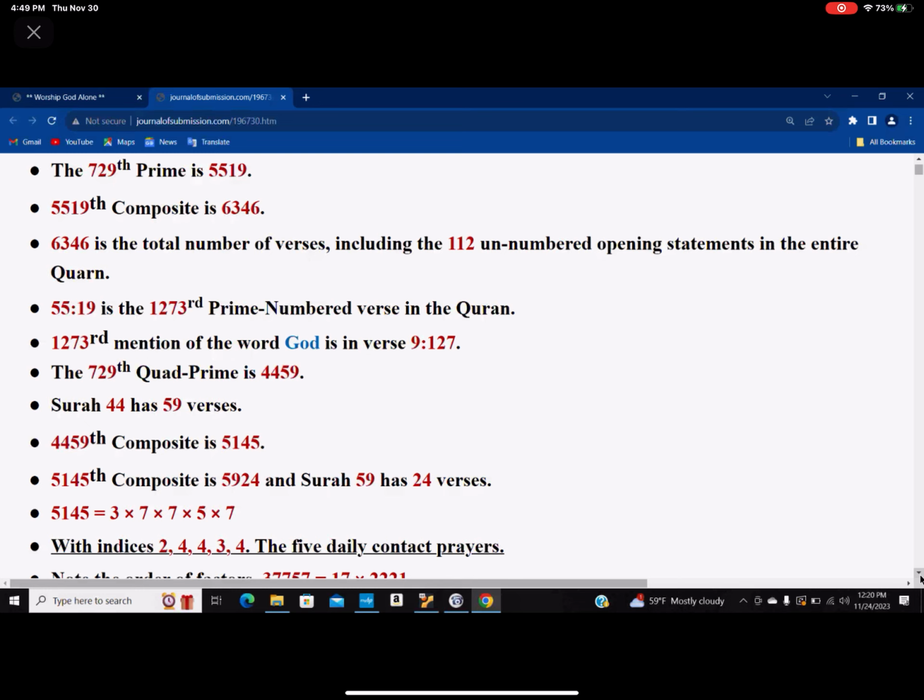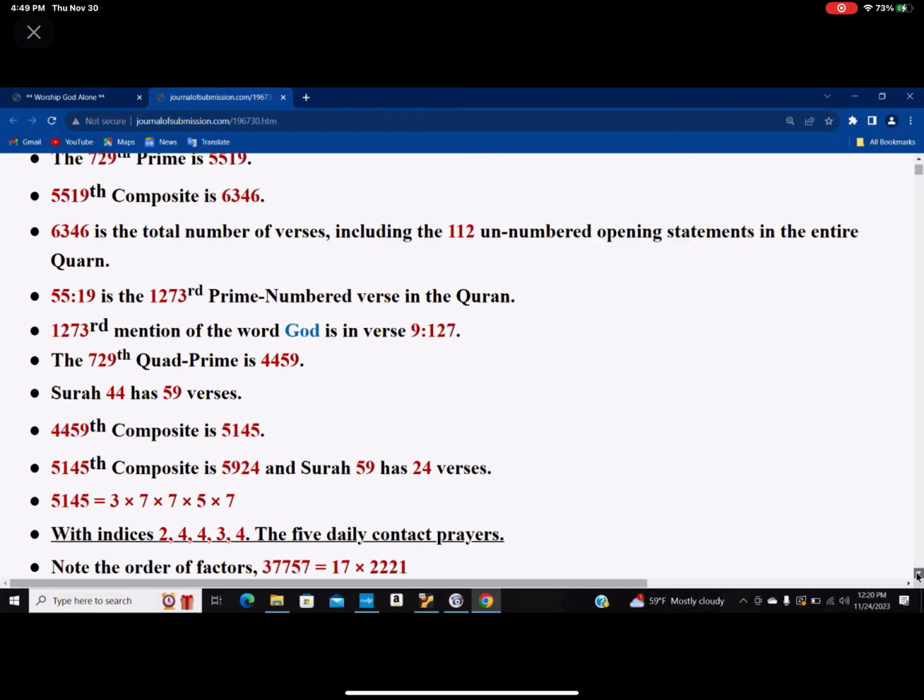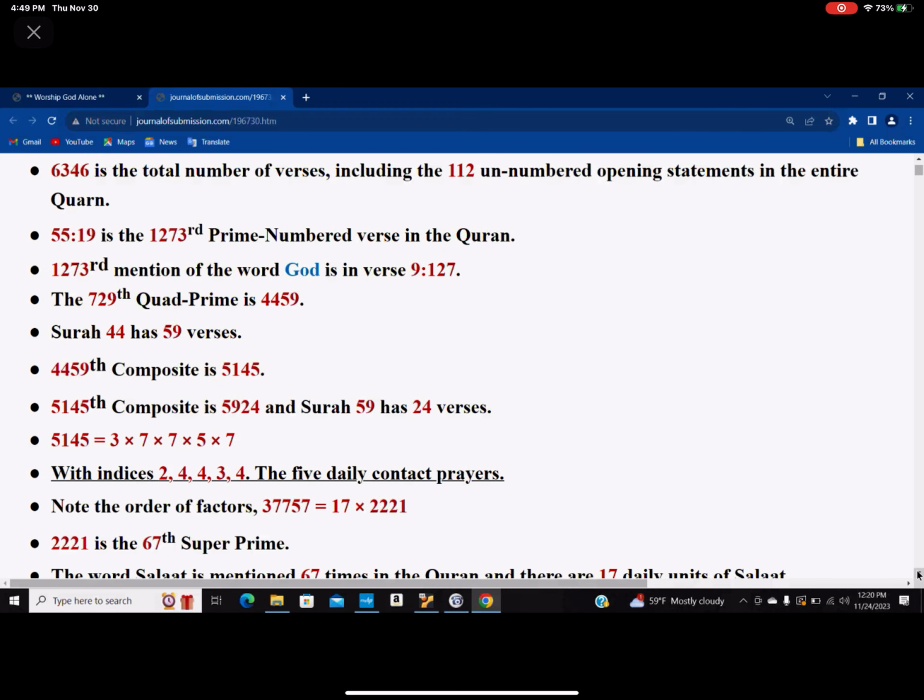Okay. So here, we go down a little bit. So note the order of factors, 3, 7, 7, 5, 7. The reason for that is 17 times 2,221. Okay. 2,221 happens to be 67th super prime.